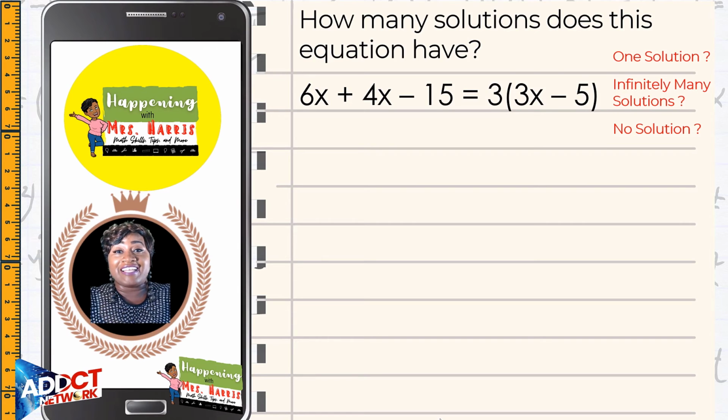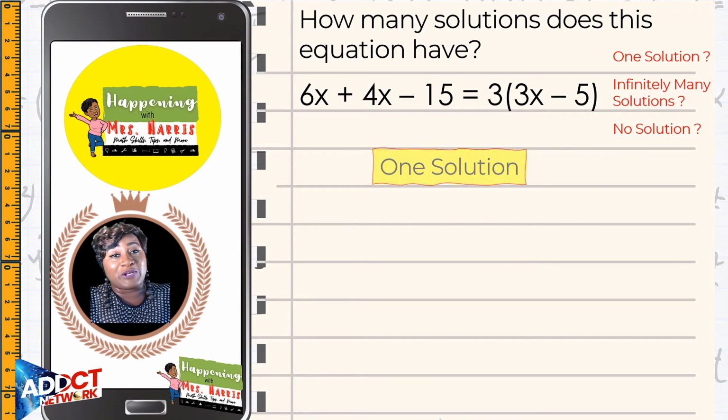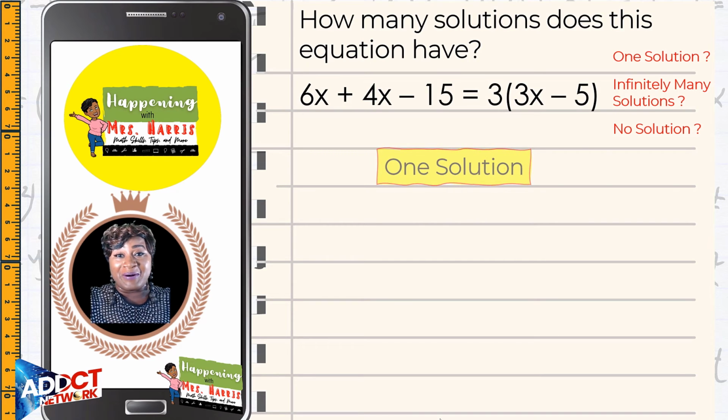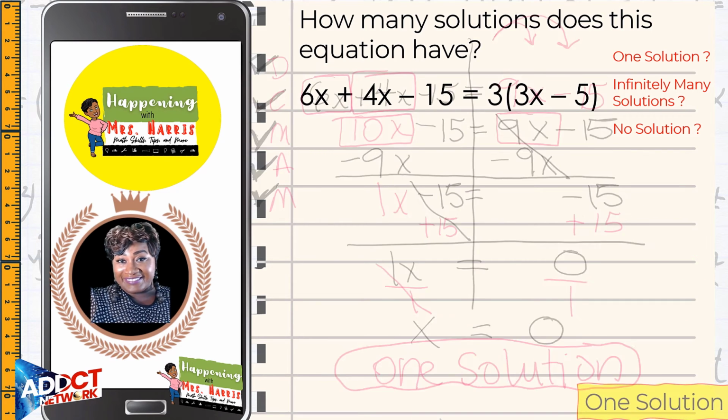All right, let's check our work. For this problem, your solution should have been one solution. How did you do? Incredible! Let's check your work.